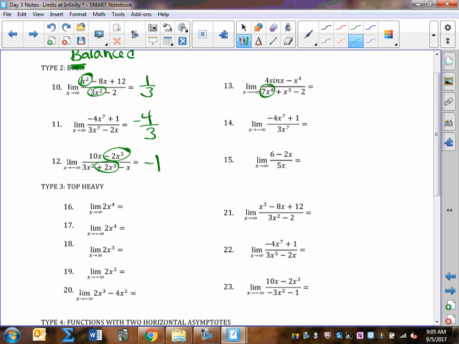That negative x to the 4th is going to really take over the whole numerator. So this becomes insignificant, and my negative x to the 4th is what holds the power. It's what controls that numerator. So we're comparing now that negative x to the 4th to 7x to the 4th. Again, we have that balanced. So what's my limit going to be as x approaches negative infinity?